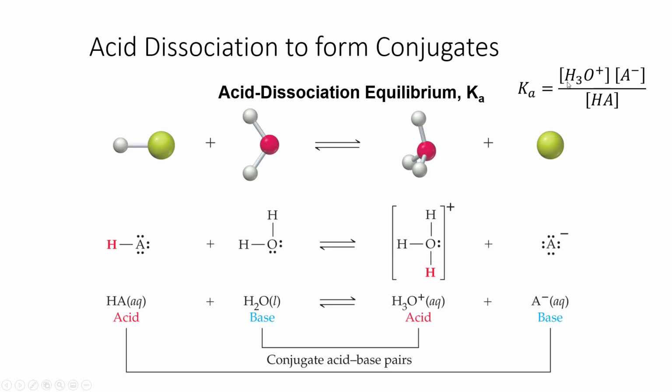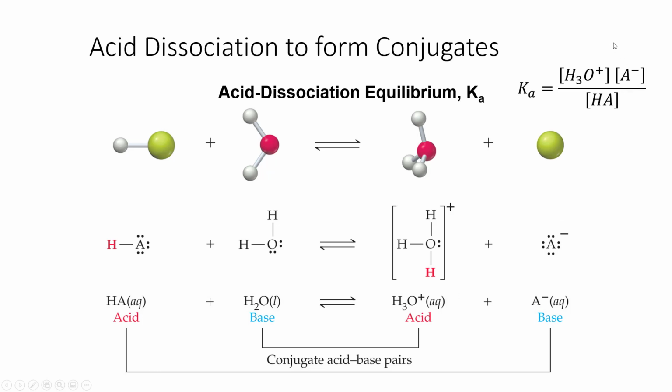So we can see here that this Ka term can basically tell us how strong an acid is. The higher the Ka value, the larger the numerator and the smaller the denominator, which means the more that has been dissociated. Our strong acids are going to have extremely high Ka values, whereas weak acids are going to be held together in this combined form and not as much dissociated.